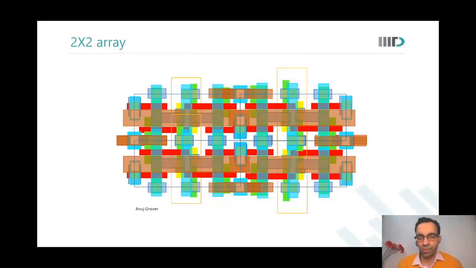So from this, it seems that we have only done Y mirroring. We are mirroring vertically, right? No, we mirrored along this axis and we mirrored along this axis also. They mirrored along both the axes.